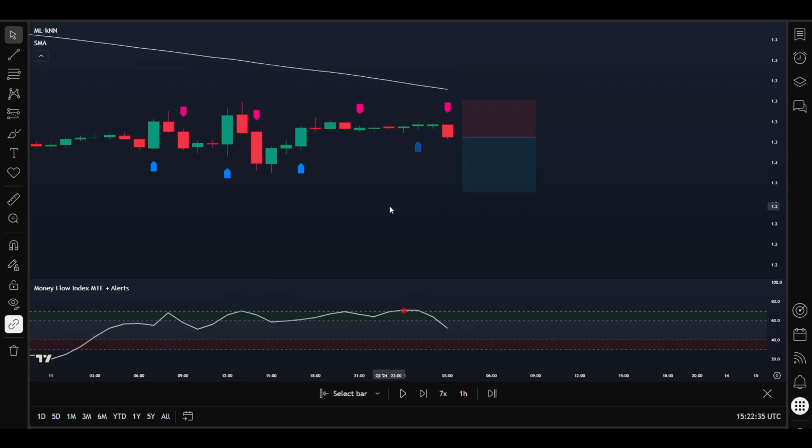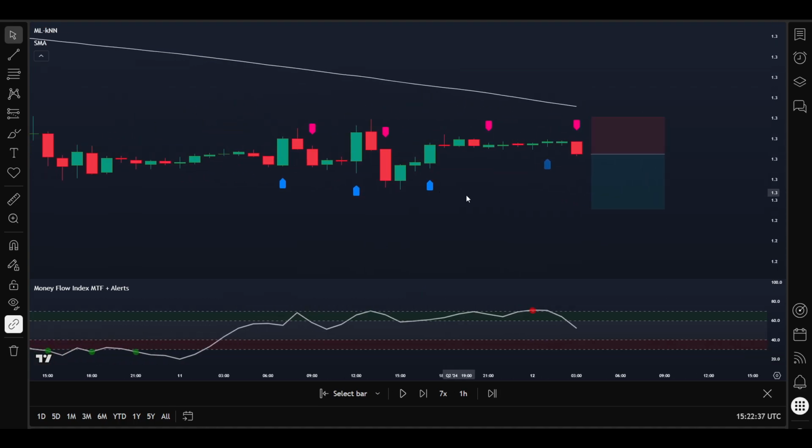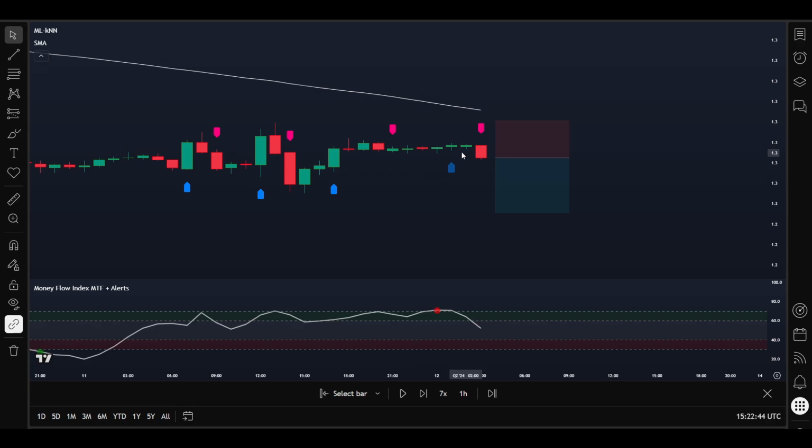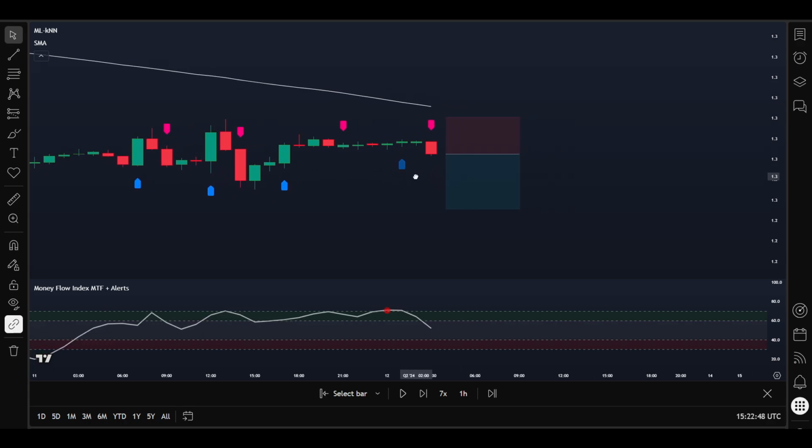Short example. Bias is down with price below the 60 MA. A minor bounce retests the average from underneath and stalls. kNN prints a red sell label beneath a red candle, while MFI sits inside 40 to 60 and the most recent MFI dot on this leg was red, showing the downswing started from overbought.